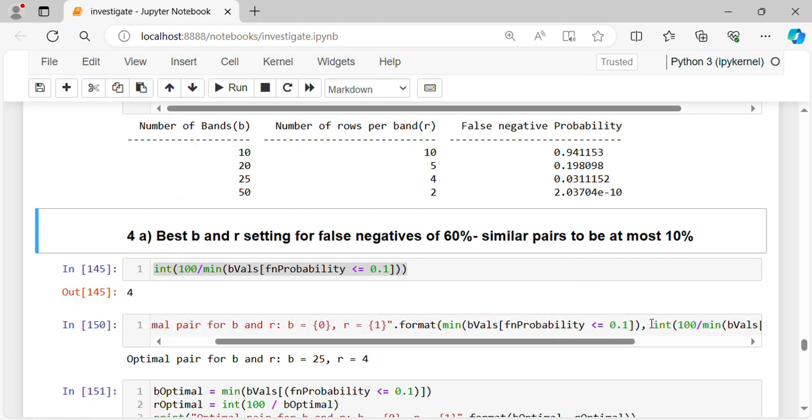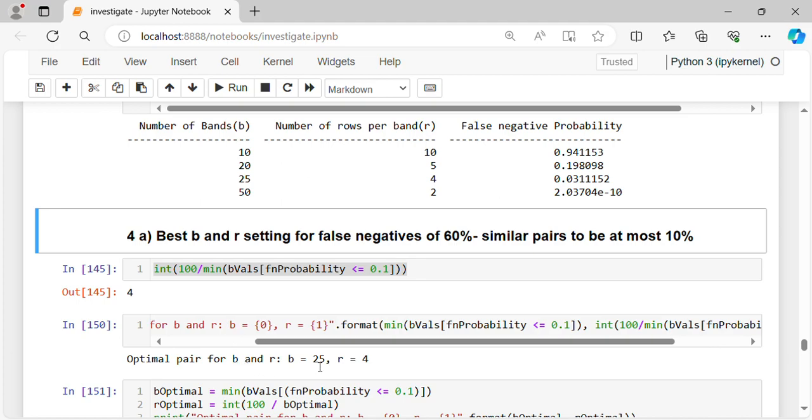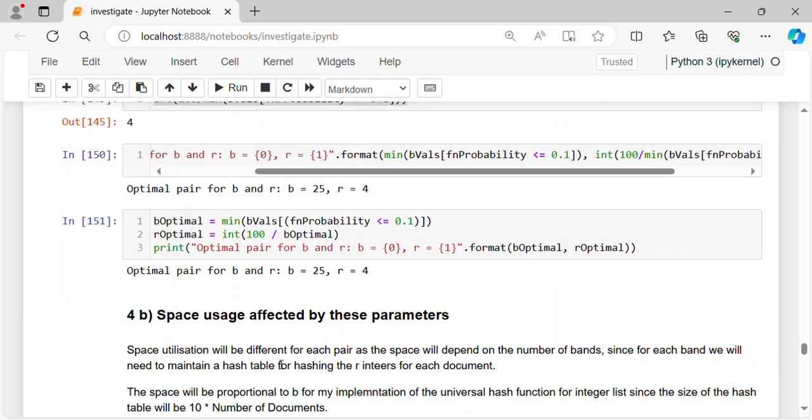And the second value R will be the integer part of 100 divided by the minimum of B values where Fn probability is less than or equal to 0.1, and that is 4. So optimal pair for B and R: B equal 25, R equal 4.